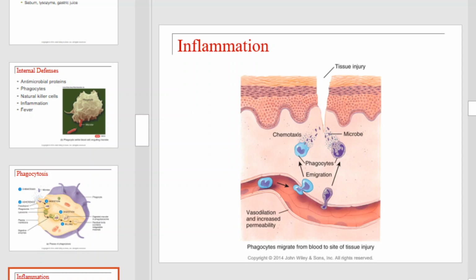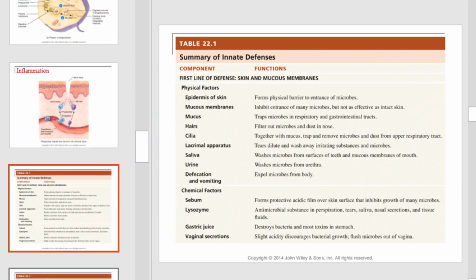Notice that there is a tissue injury and emigration, also known as diapedesis, is occurring as white blood cells move through chemotaxis to the wound and begin to engulf foreign microbes. This table provides a summary of our innate defenses, the components, and their functions.